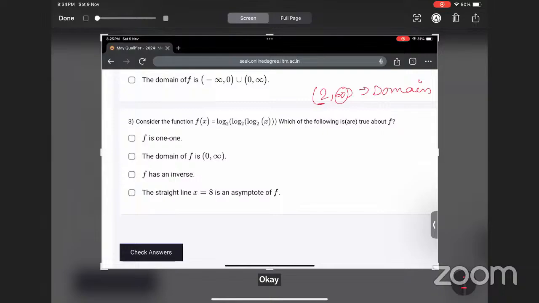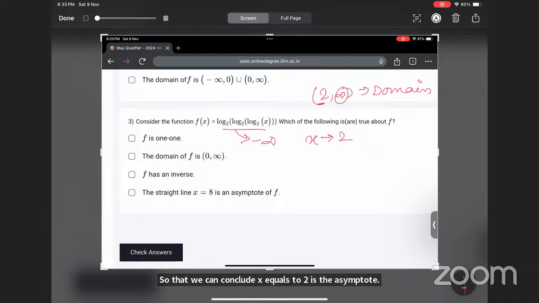But if there is any finite point, then we will collect it. There is only one finite point, which is 2, right? And we can check that as x tends to 2, this function will tend to minus infinity. Is it clear? So we can conclude x equals 2 is the asymptote, particularly the vertical asymptote of f.